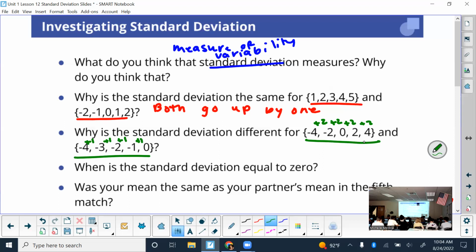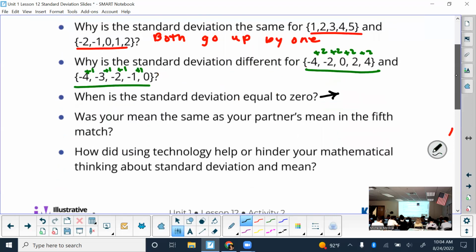When will the standard deviation be equal to 0? Good guess. If it's uniform, but not necessarily.